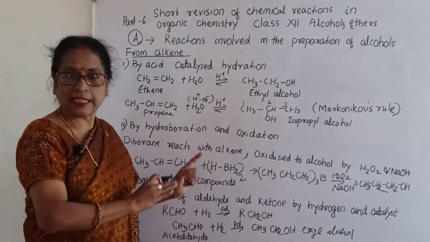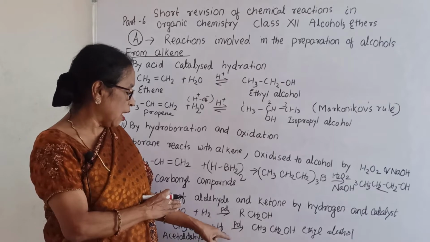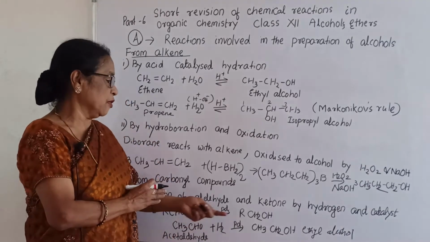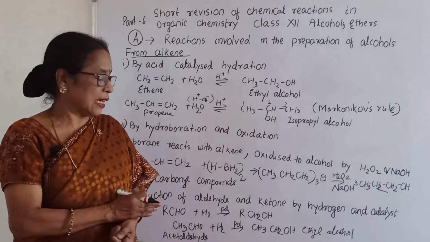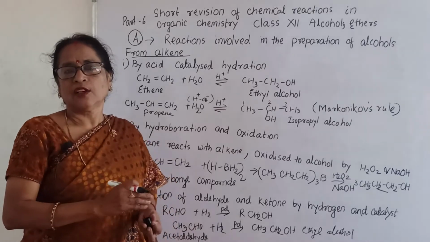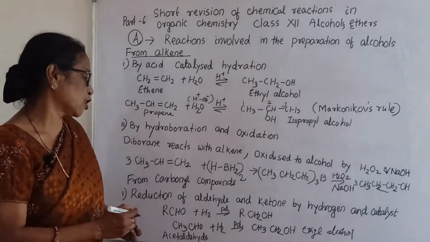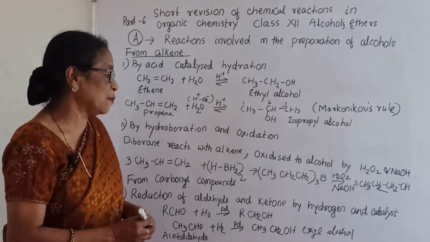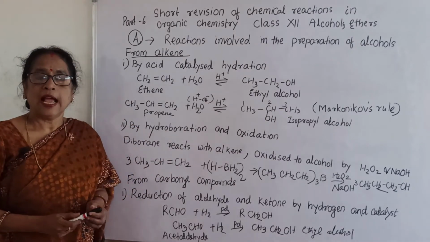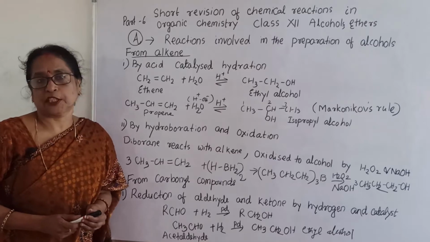Ethanal is the reactant, and in presence of hydrogen and palladium, you will get ethyl alcohol, which is also called ethanol. And after that we will see how the reduction of ketone takes place in the presence of hydrogen and a catalyst.